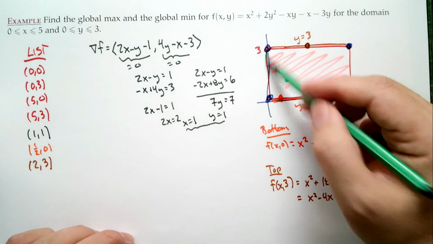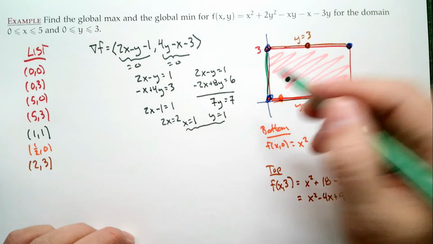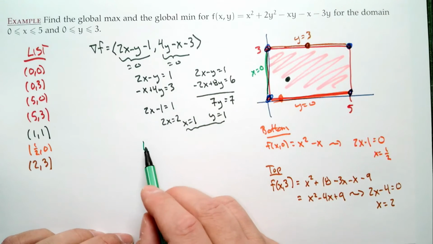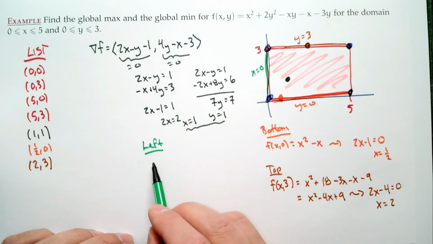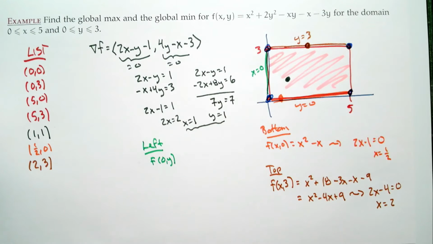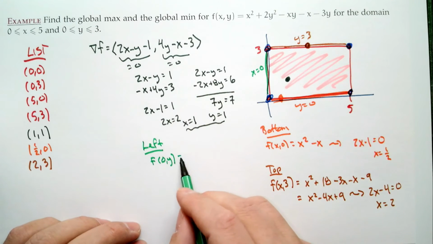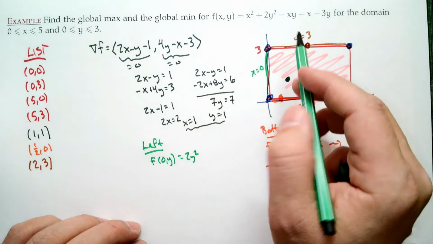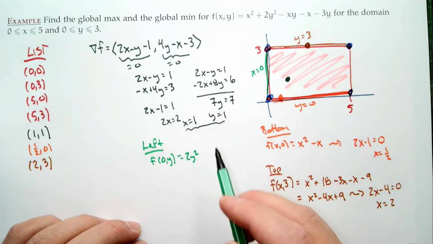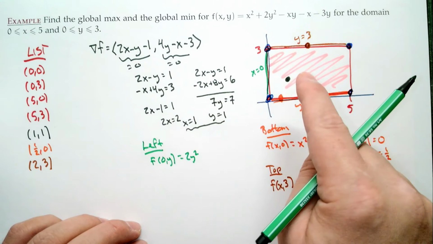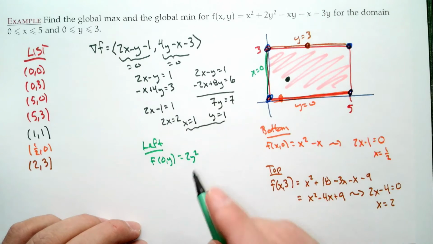What's true about points on the left? x equals 0. So on the left, we're going to have f of 0 comma y. Everywhere I see an x, I put in 0, and what do we get? We get a 0, and then a 2y squared, and then a 0, minus 3y.